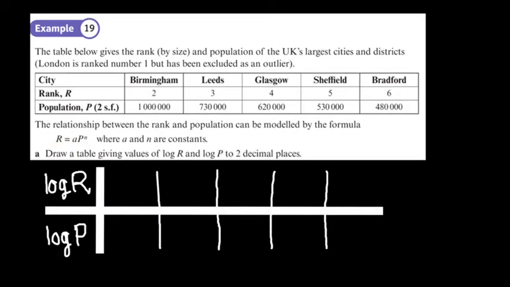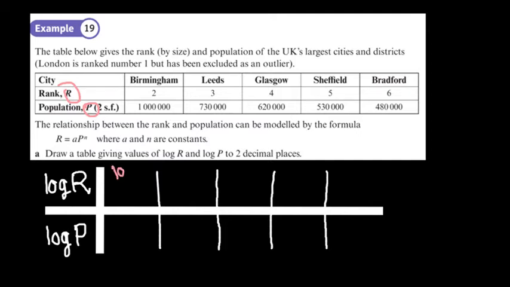So in order to figure out what the values of log R and log P are going to be, and therefore get my intercept and my gradient, I'm going to need to convert my R and P values from the question into log R and log P. I'm just going to do that by putting all of those values into the calculator.